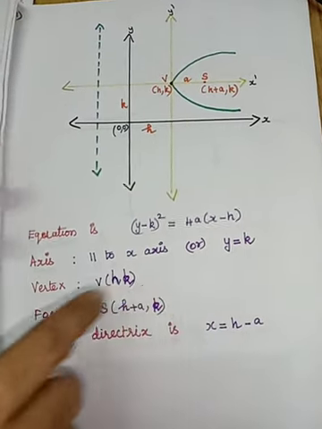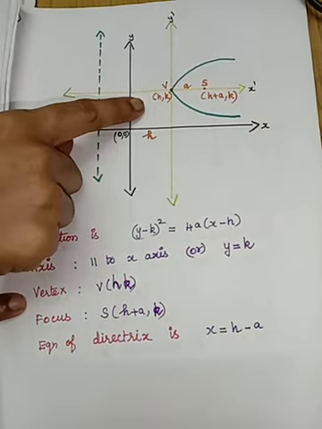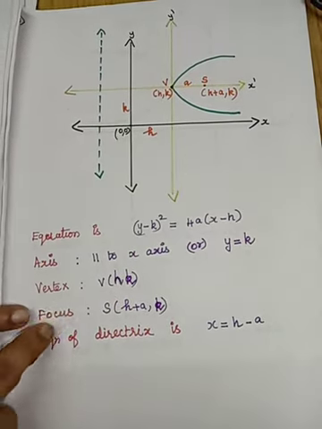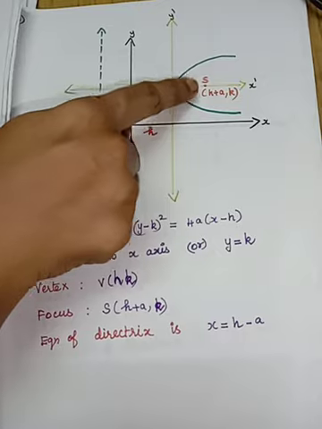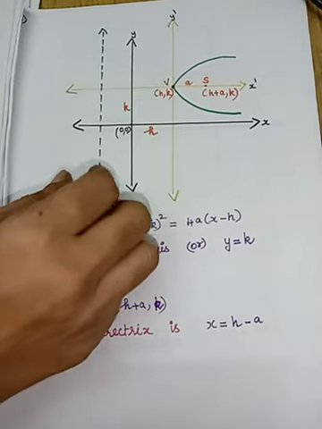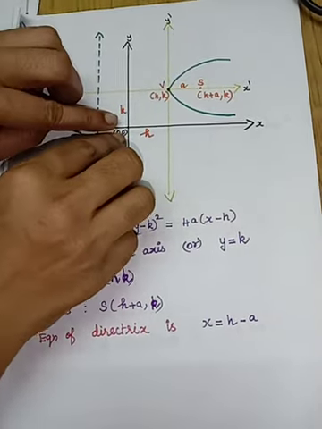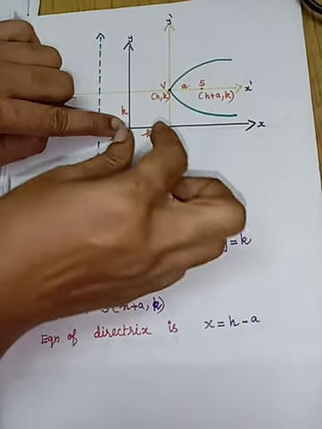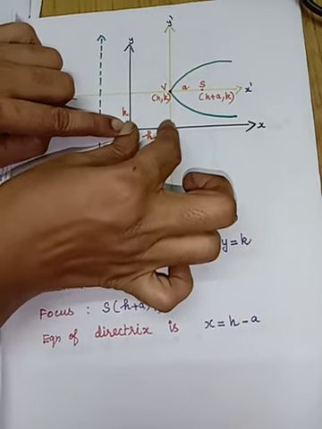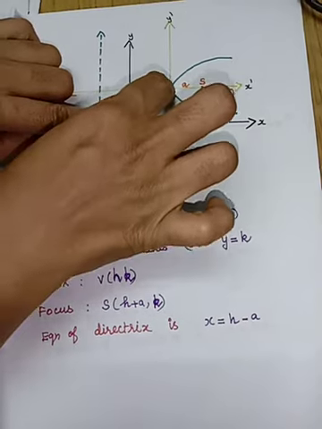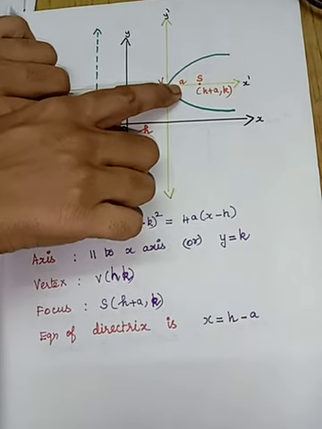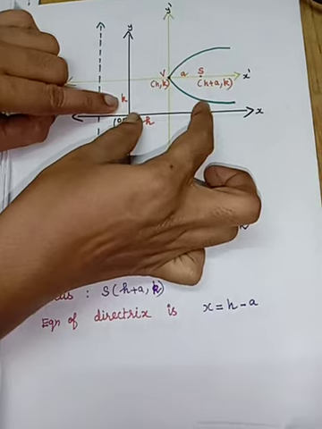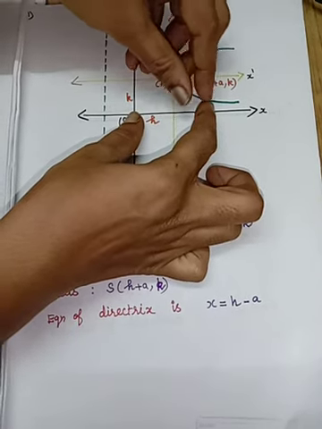Got it? And now the vertex is h comma k. Where will the focus be? The focus will be here. With respect to the origin, how much distance is it from the y-axis? This distance is h and the vertex to focus distance is a, so the x distance is h plus a.